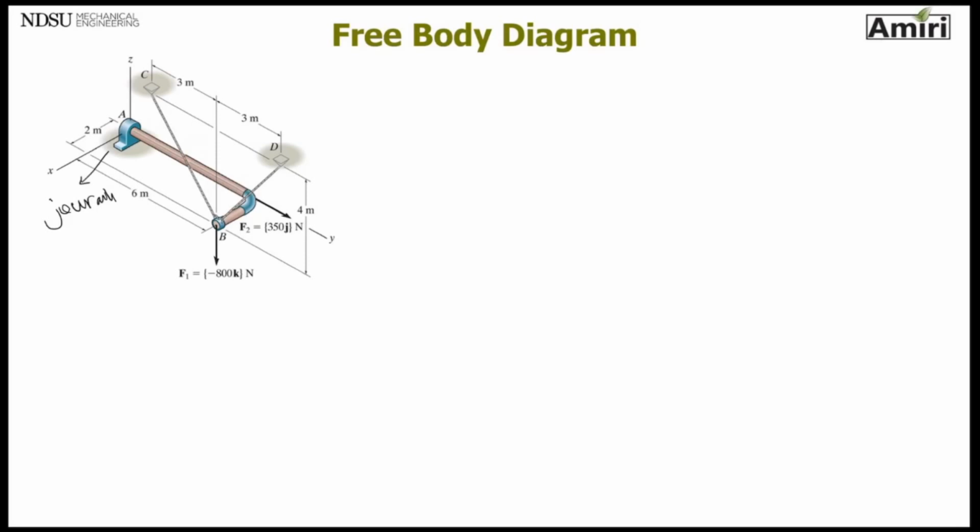So let's see, a free body diagram of this in a 3D space. Step 1, isolate. I like to draw a free body diagram of beam or rod AB. That means I'm going to isolate, meaning remove everything else except AB. That's step 1.